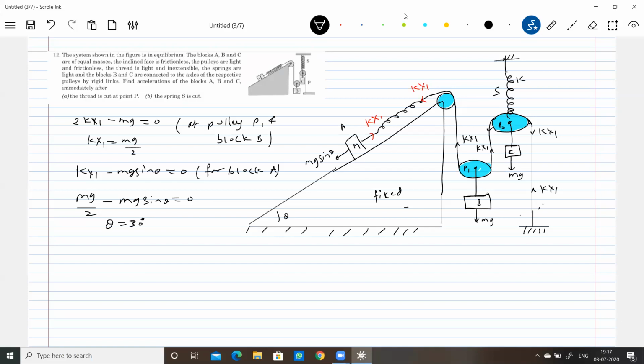The springs are light, so assume the same spring constant. The question itself didn't say anything. Let me assume some value, let both be the same. Okay, fine. So don't blame me now. Let it be some elongation kx2. I'm just assuming it to be k. We will see whether it makes any difference.